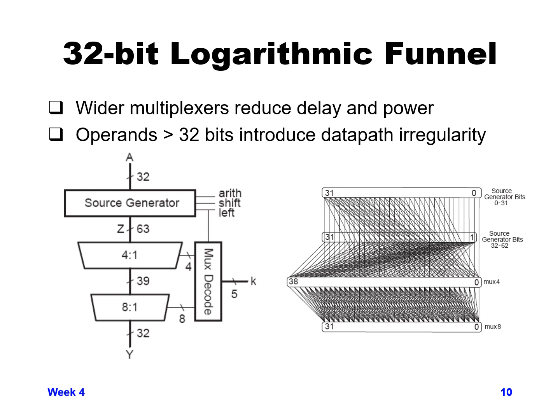In this example, we'll be looking at how you might do a 32-bit logarithmic funnel shifter. In this case, we're doing 2 sets of muxes again, but the first set of muxes will be doing a shift by a multiple of 8. So we'll either do a shift of 0, 8, 16, or 24.